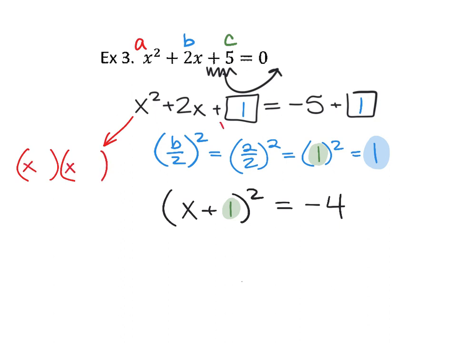What are the things that multiply to 1? 1 and 1, right? Doesn't 1 plus 1 add to 2? So this is x plus 1 squared. That's what I wrote down here. So I get to skip all this business, and I don't have to do this factoring. I know that this automatically factors to x plus whatever number is in this little parentheses.